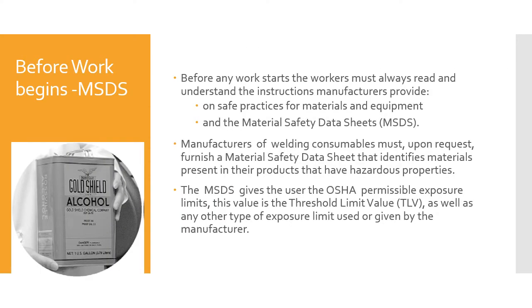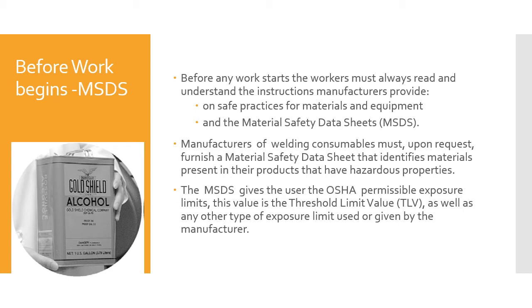Before any work begins, you should read the MSDS. Before any work starts, the workers must always read and understand the instructions the manufacturers provide on safe practices for the material and equipment and the material safety data sheets. Manufacturers of welding consumables must, upon request, furnish a material safety data sheet that identifies materials present in their products that have hazardous properties.